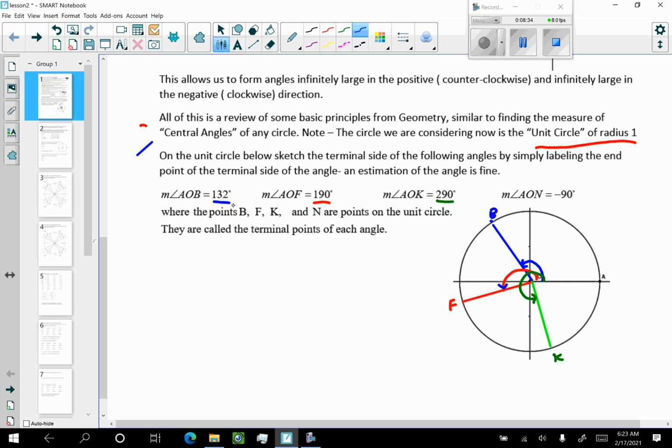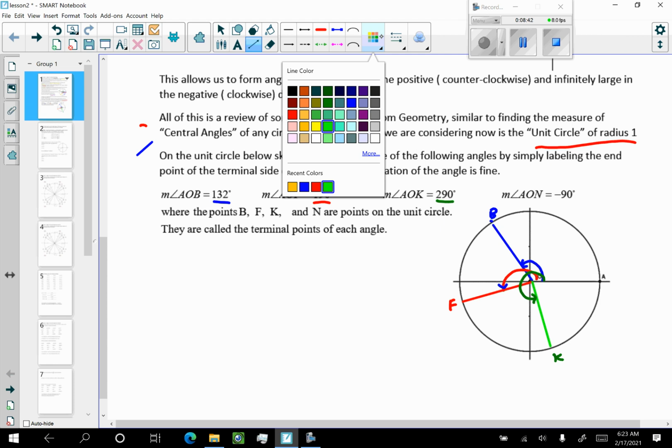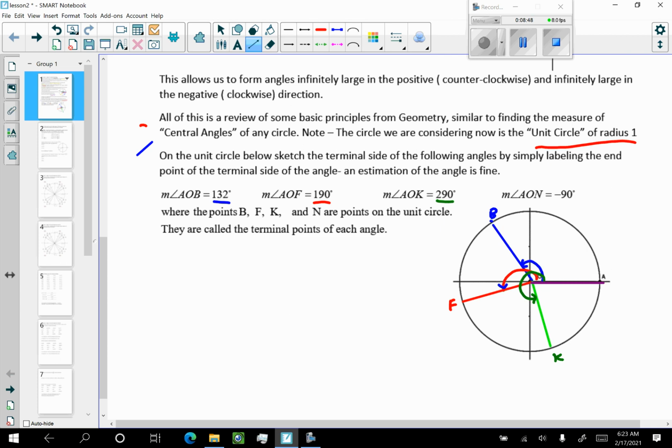Now we want an angle AON, where the angle is negative. So here's what we're going to do. Let's change our color. Let's go purple. And we want negative 90. So we're going to start here and go, and that is going to be our negative 90 degree angle.